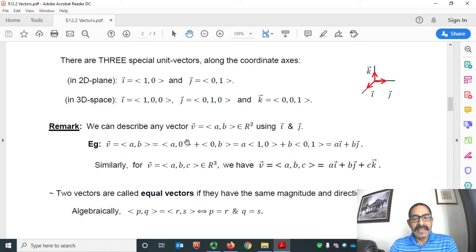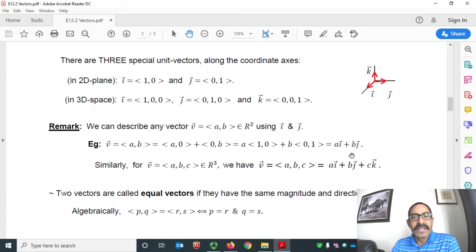If I add these two, I'll get the vector a, b, right? Then from the first, I can pull a out, leaving 1, 0, because I need to introduce i and j. From the second, I can take b out, so we have 0, 1. Then 1, 0 is the i vector, and 0, 1 is the j vector, so a i plus b j. Similarly, for a vector in space R3, we can write a, b, c equals a i plus b j plus c k.